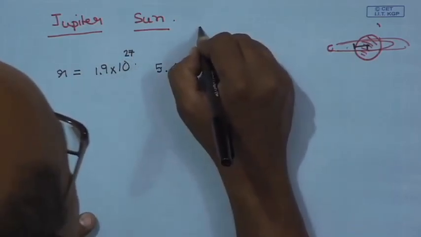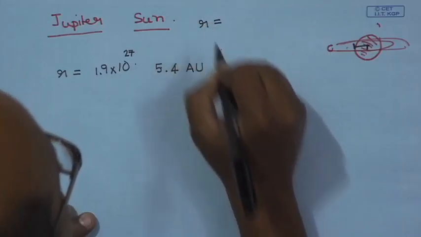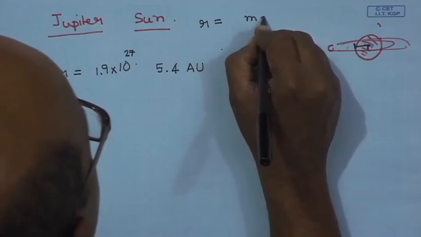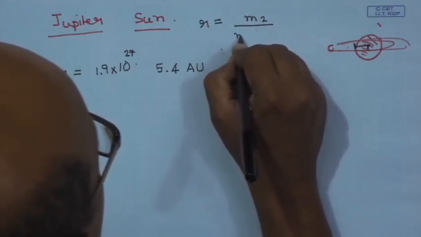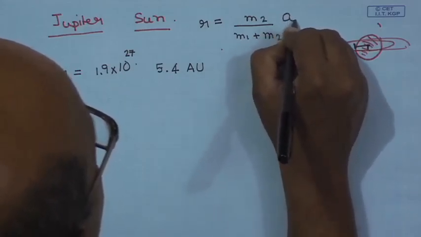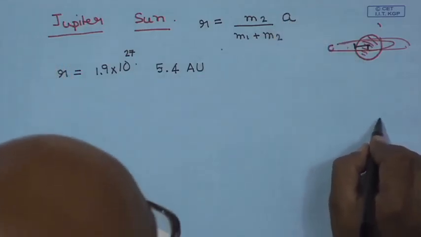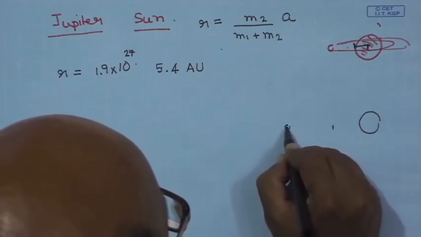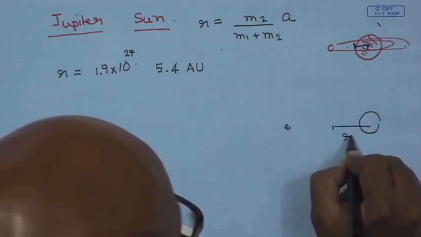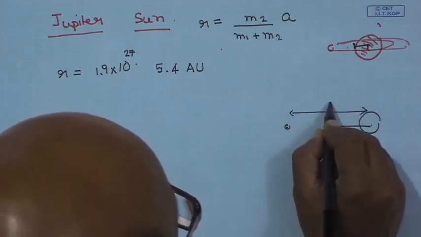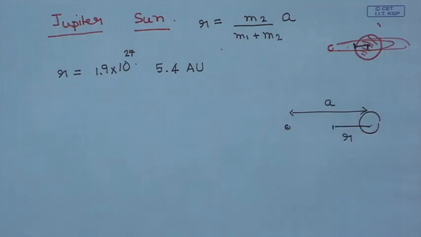Let me remind you that R or A1 is equal to M2 divided by M1 plus M2, times A. This is the Sun, this is Jupiter, this is R, the distance from the center of mass, and this is A. That is the notation that we are using.